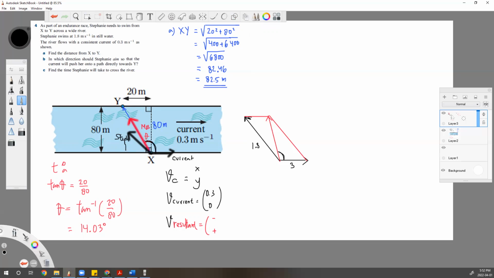It is 14.03 plus 90, right? This is 1.8, this is also 1.8. So this is 90 plus 14.03, so it has to be 104.03 degrees.